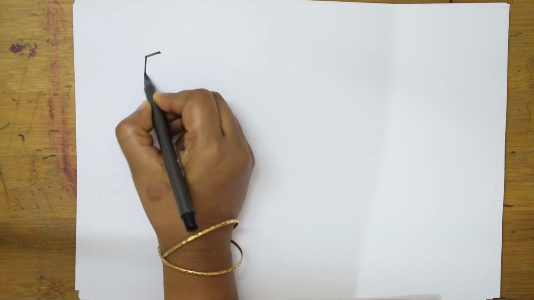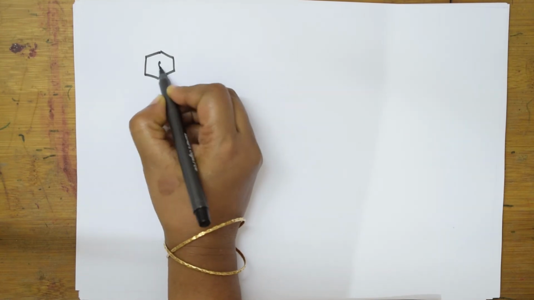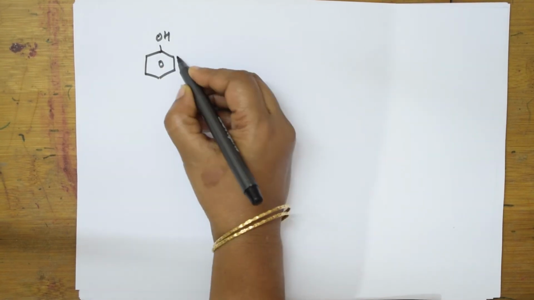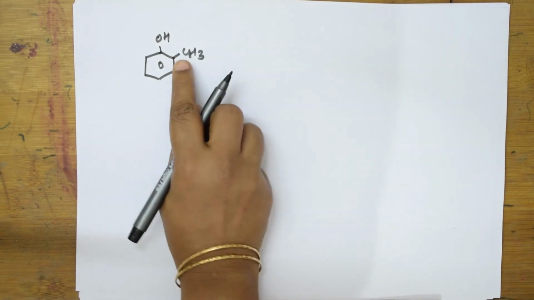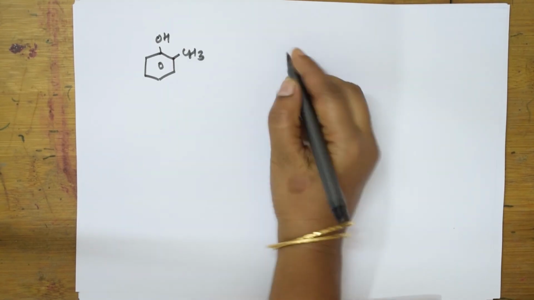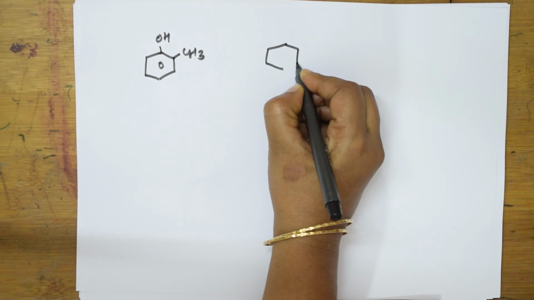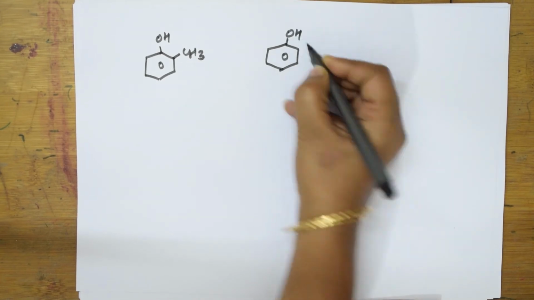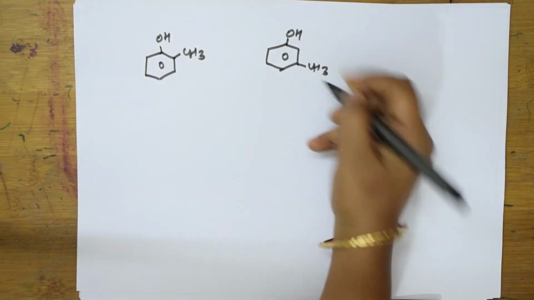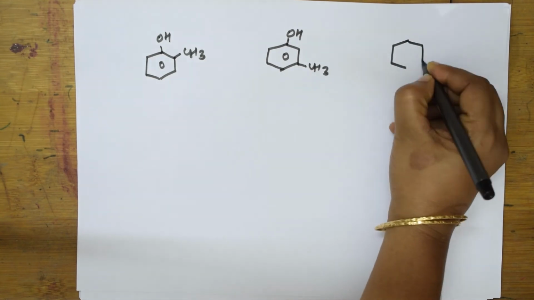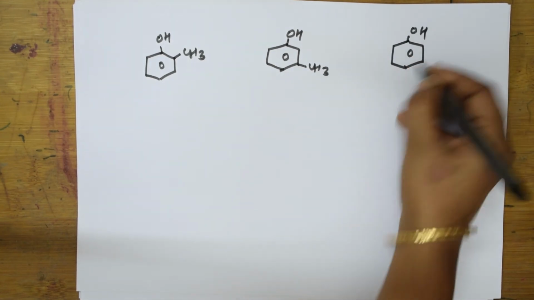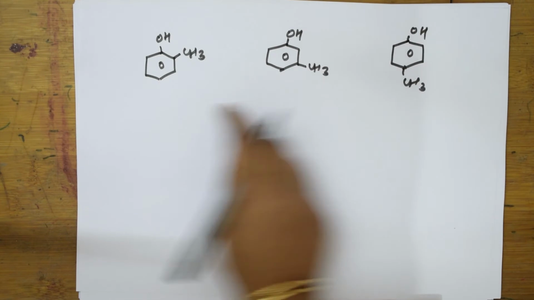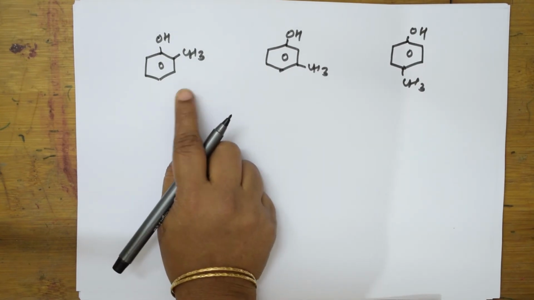So for the next example, let us see how to name this. Now, a benzene ring has two different functional groups: one is an alcoholic group, one is a methyl group. Here the methyl is in the ortho position. The same thing, I am shifting the methyl group to the meta position. The same methyl group, I am shifting to the para position. How to name this?